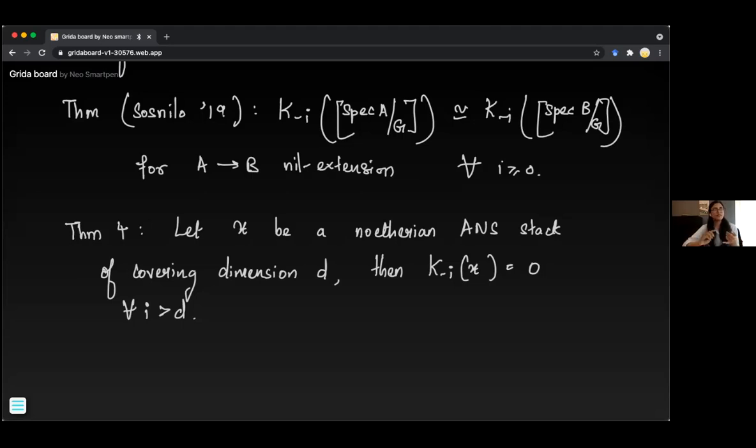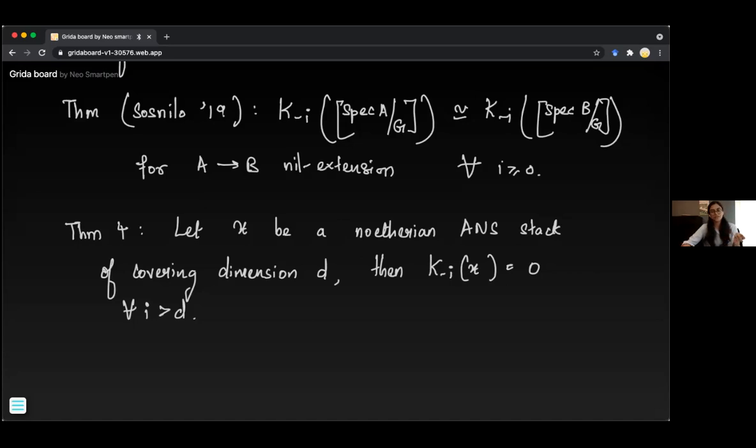But in the general stacky case, I think you can allow more or less all Deligne-Mumford stacks. You just need some separated and tame assumption. But in the Artin stack case, it's a strong property, but in characteristic p, this just requires all your stabilizers to be linearly reductive, which is not such a strong thing to ask for.